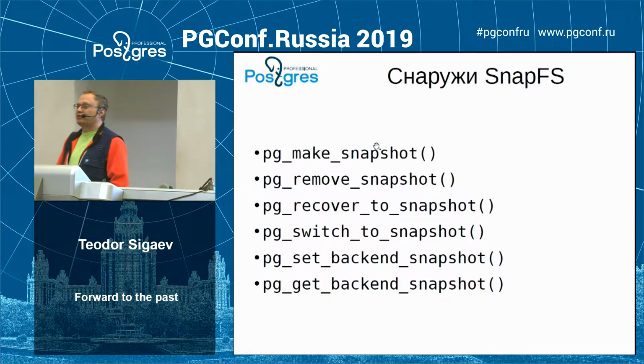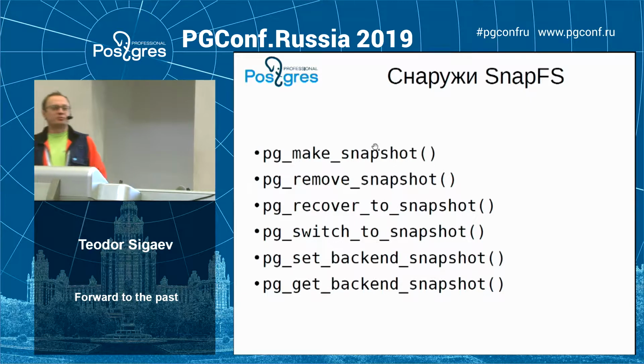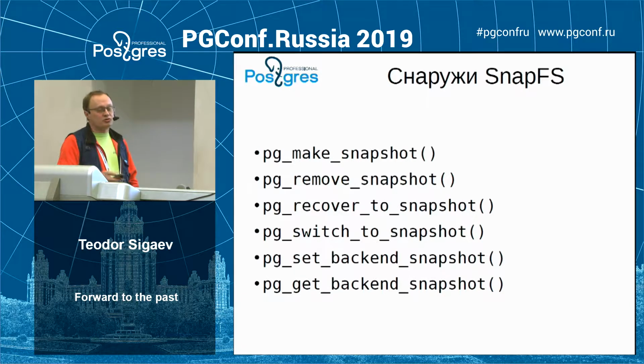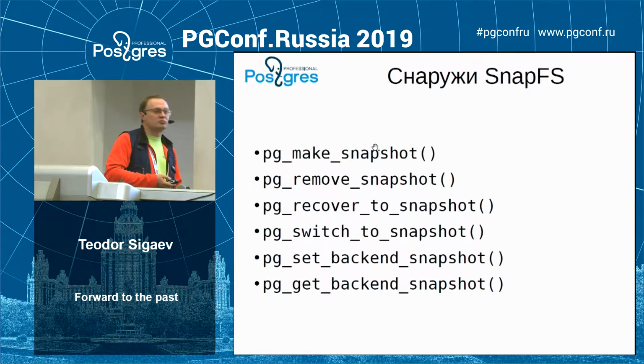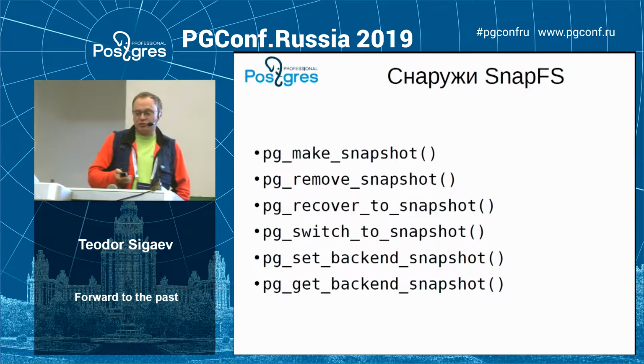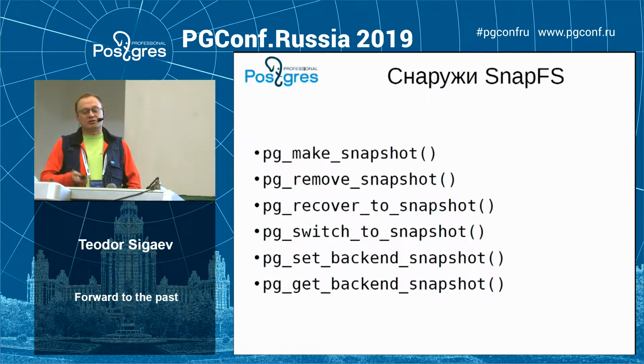Set backend snapshot is about setting a particular backend for snapshot. Get backend snapshot is about obtaining your backend snapshot. It's when you don't use switch to go to snapshot, you can use this one.